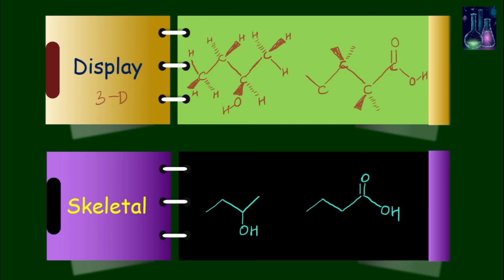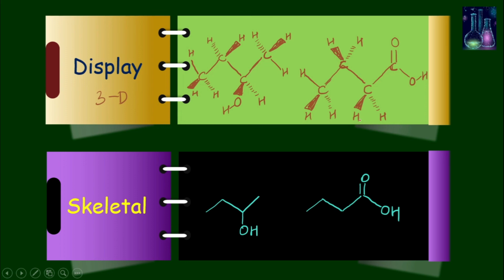One in the plane, the other will be a solid wedge, the other is a dashed wedge. Now just place the hydrogen atoms, H, H, H, H, H over here, H and H. So this is the 3D representation formula.